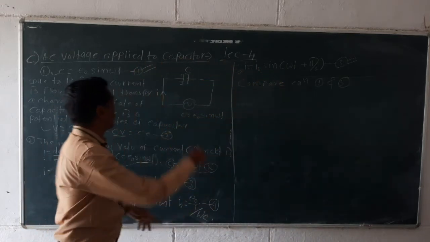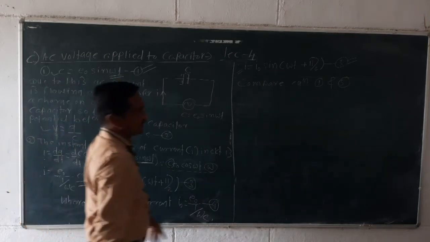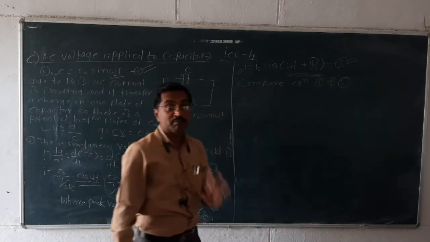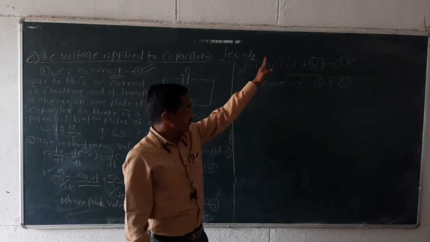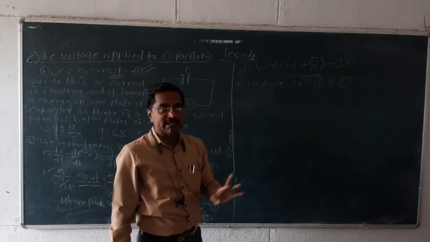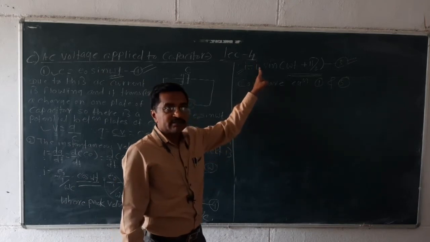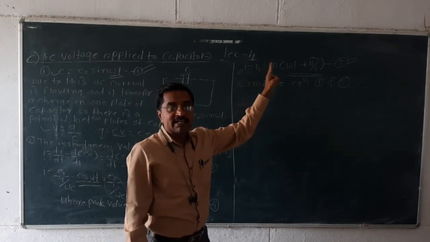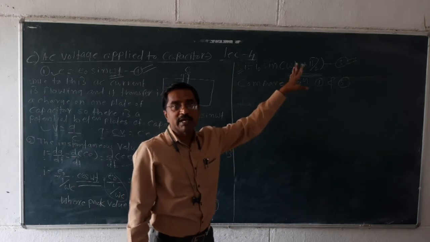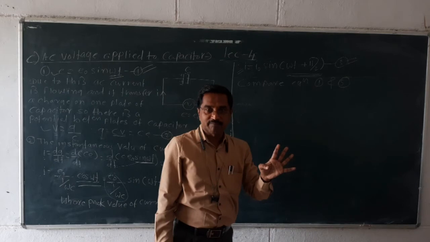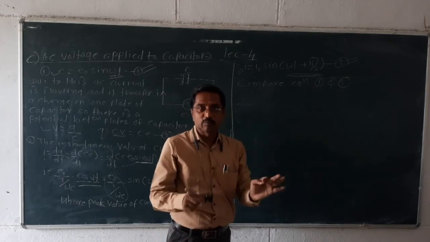क्लियर होतोय ना? इथे ओमेगा टी आहे आणि here it is omega t plus pi by 2. So by comparing these two equations, it is clear that in case of capacitor, the alternating current leads the alternating voltage by the phase angle of pi by 2, that is 90 degree. Got this point clear? Resistor मध्ये no phase difference.